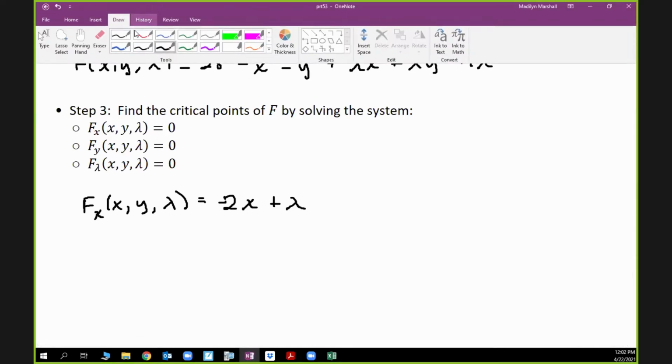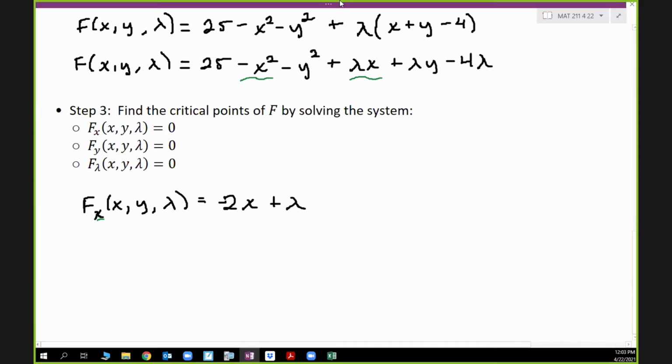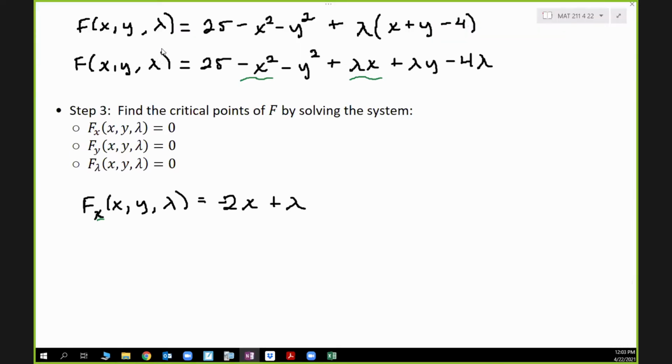So doing the partial derivative with respect to x, we're just looking at the terms with an x in them, and that would be negative 2x plus lambda. So then we would go on to y. And we really have the same thing. Negative 2y plus lambda. Right, exactly. Negative 2y plus lambda.